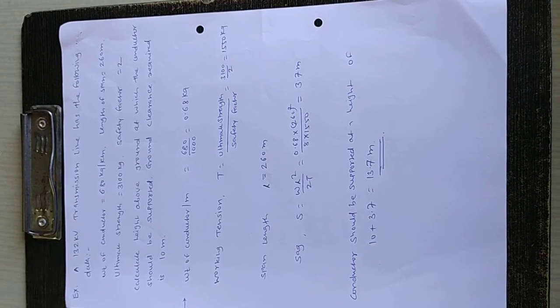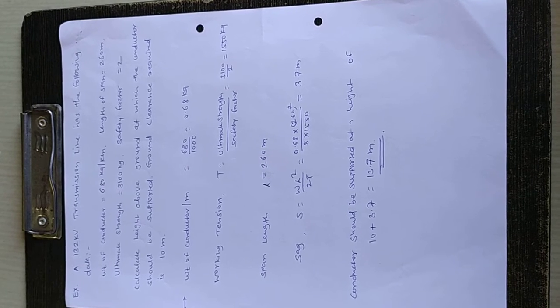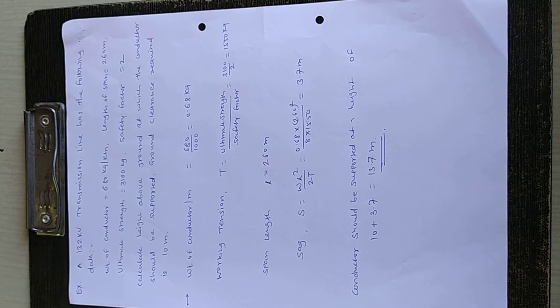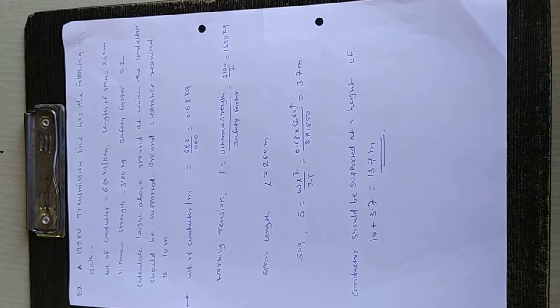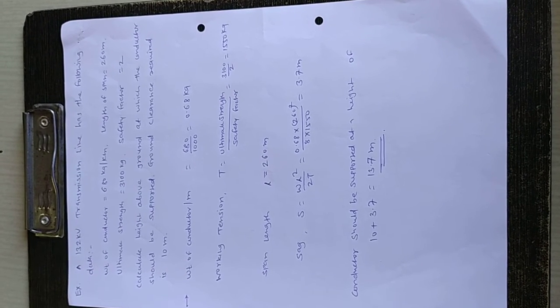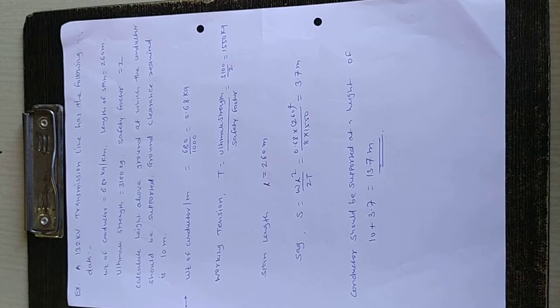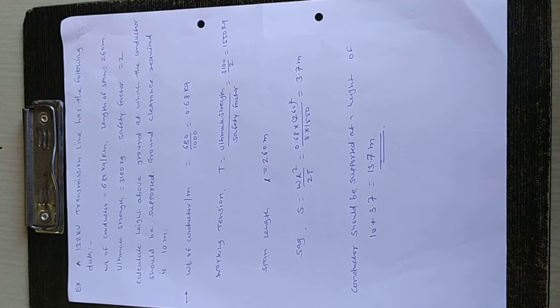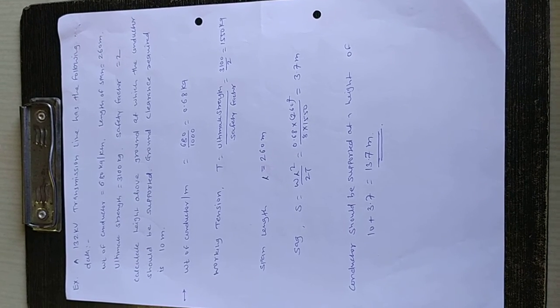We put the values into the equation and get the values. Then conductor should be supported at height equal to ground clearance 10 plus sag, that is 13.7 meter. This is the concept of sag. Thank you friends.